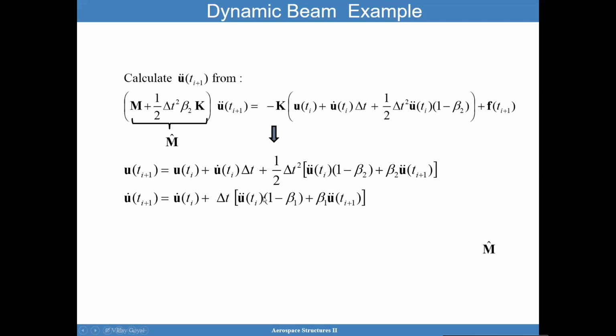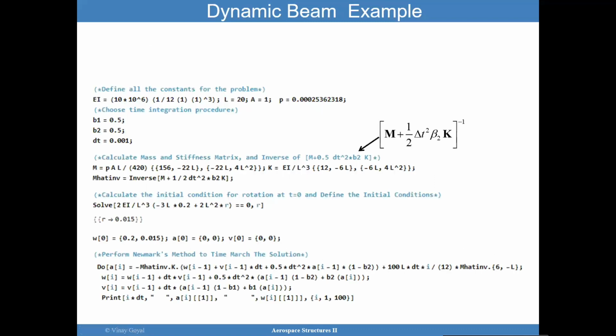Once I know the accelerations, I can also find the velocities. And then repeat it over and over and over. You can see here how I've done this in Mathematica. Feel free to pause the video so you can see how this was done, but it's basically the same procedure I discussed before, but with the axial bar.